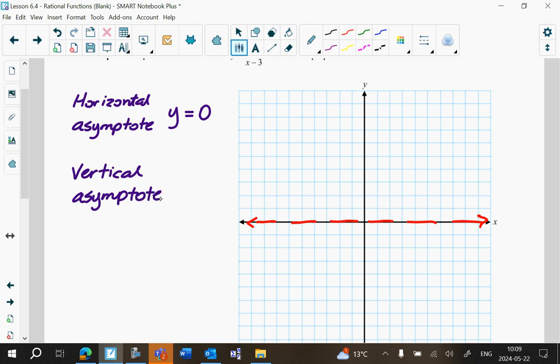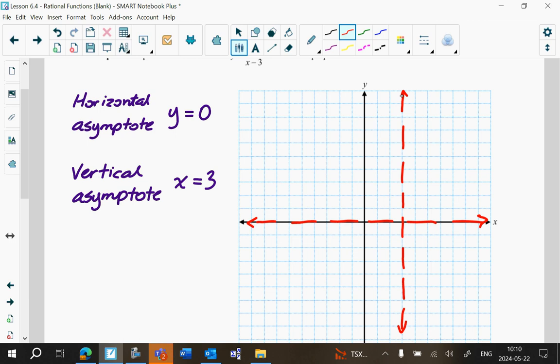It's not the y-axis, it's over here. It's shifted. Now we know what the shape is going to look like. It's two curves. One of the curves is in the upper right, where the asymptotes cross. One of the curves is in the lower left. But I still need a point for each one.